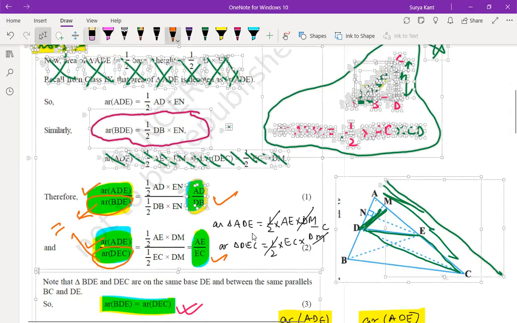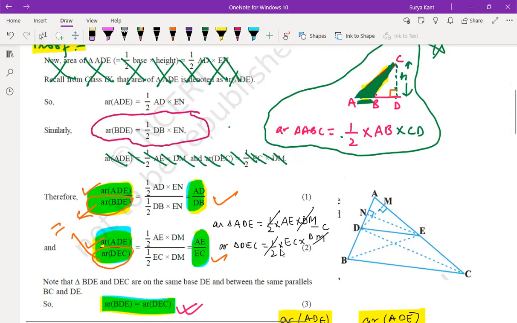I am telling you right now, try to understand. See, BDE is this triangle and DEC is this triangle. Both triangles lie on the same base, this is the base, and between the same parallels.